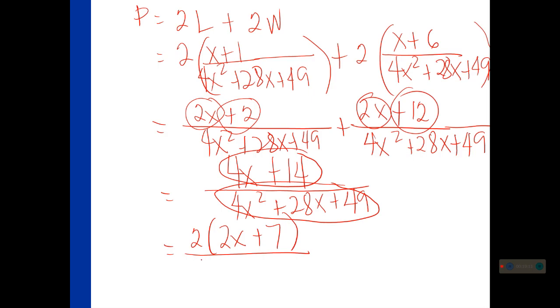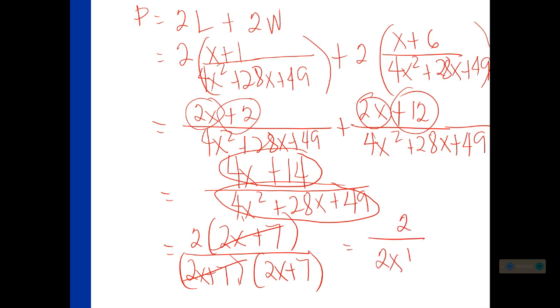So, that's why you will have 2x plus 7 times 2x plus 7. And then, look for the common factor on the numerator and denominator. Obviously, we have here 2x plus 7. And then, you will be left with 2 over 2x plus 7. So, there we have our final answer in simplest form.